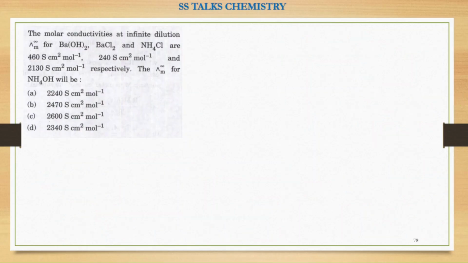So the next question that we have is this one. It says the molar conductivities at infinite dilution for barium hydroxide, barium chloride and sodium chloride are this and this. What is the molar conductance at infinite dilution for ammonium hydroxide? So this one we wanted. And for this we need the ions, that is the ammonium and the hydroxide.